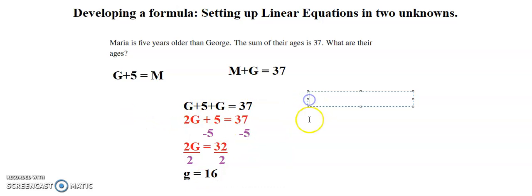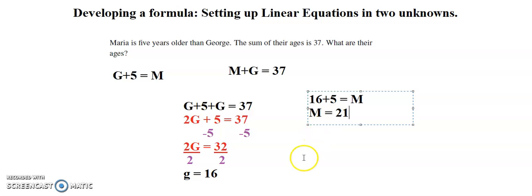Now if I go back to my equation, George is 16 plus 5 is equal to Maria. So 16 plus 5 is equal to 21, which means Maria's age is 21 and George's age is 16.